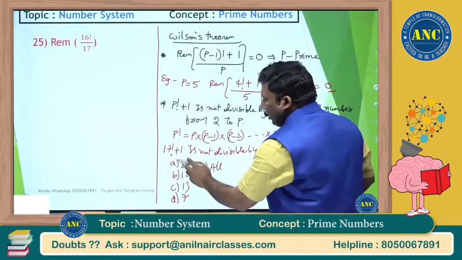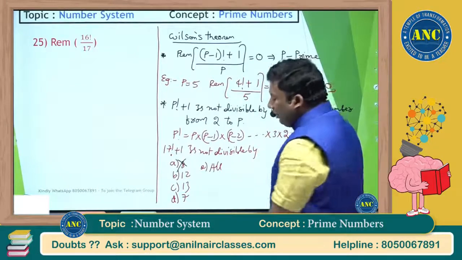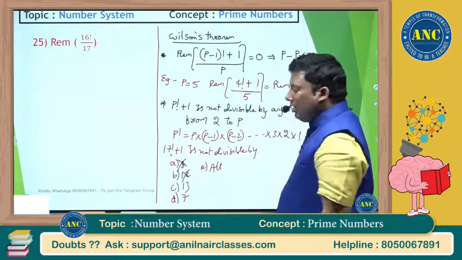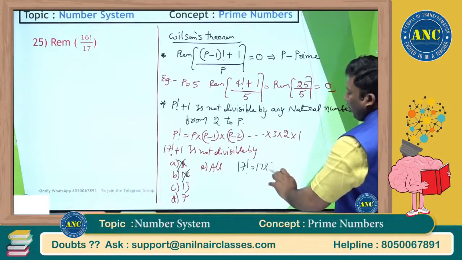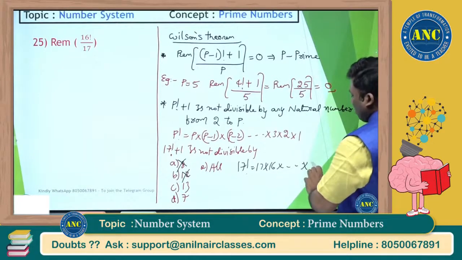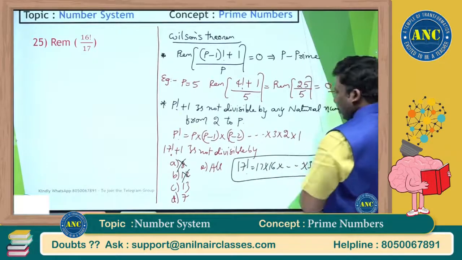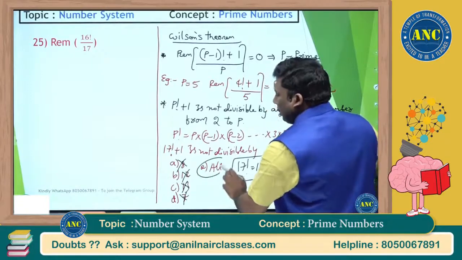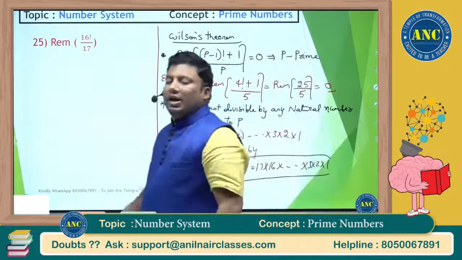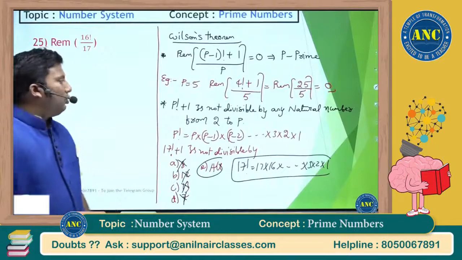It is divisible by 8, so the remainder is 1. 17 factorial contains 12. Why? Because 17 factorial is the product of all the natural numbers from 17 to 1. So 13 is a part of it. It is not divisible by any natural number from 2 to p.